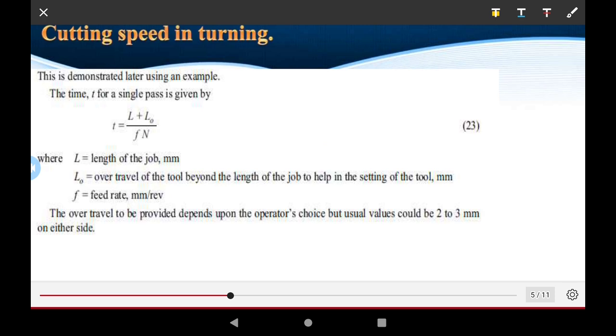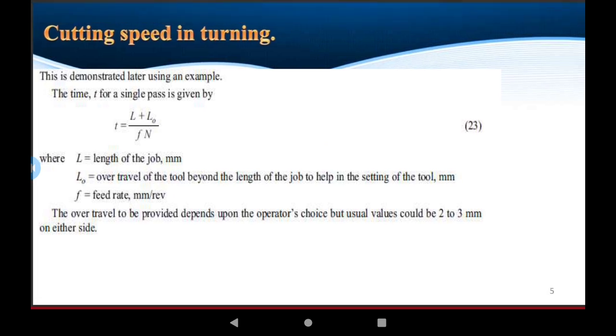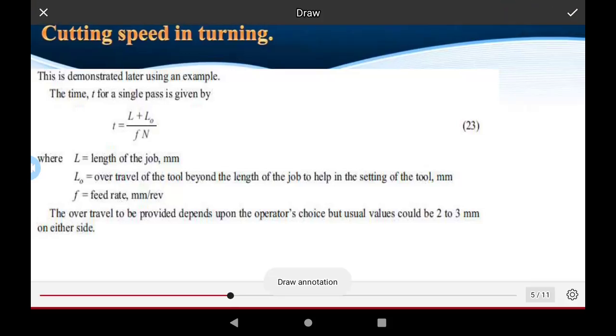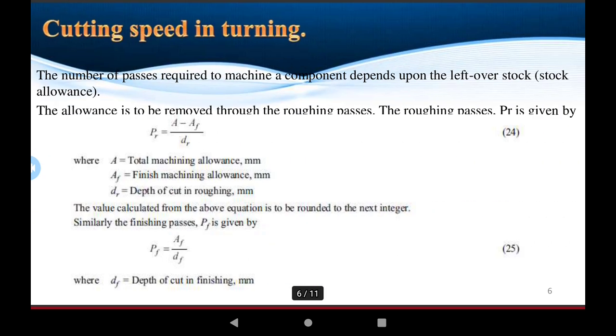This is a very important formula to find the travel of the tool on the workpiece, where L is the original length of the workpiece, F is the feed rate, and T is the time.